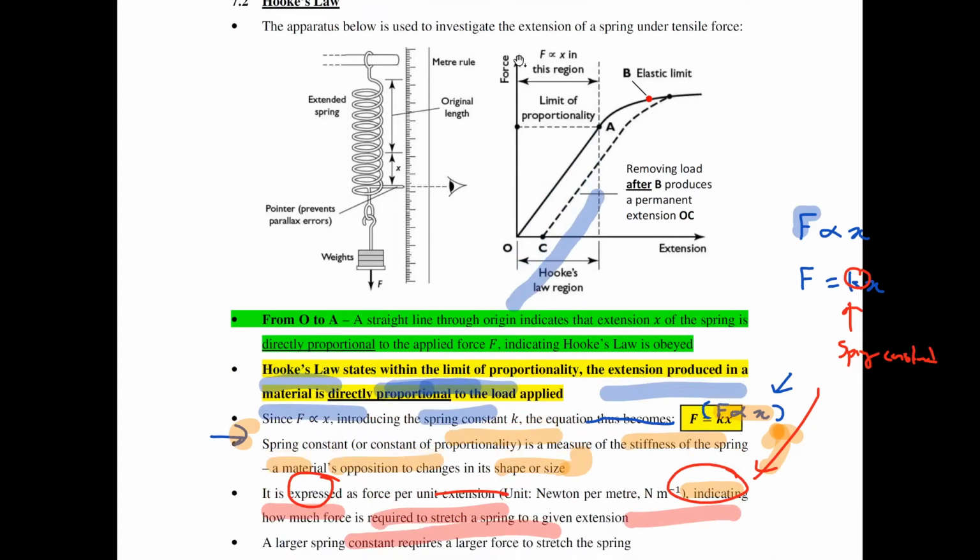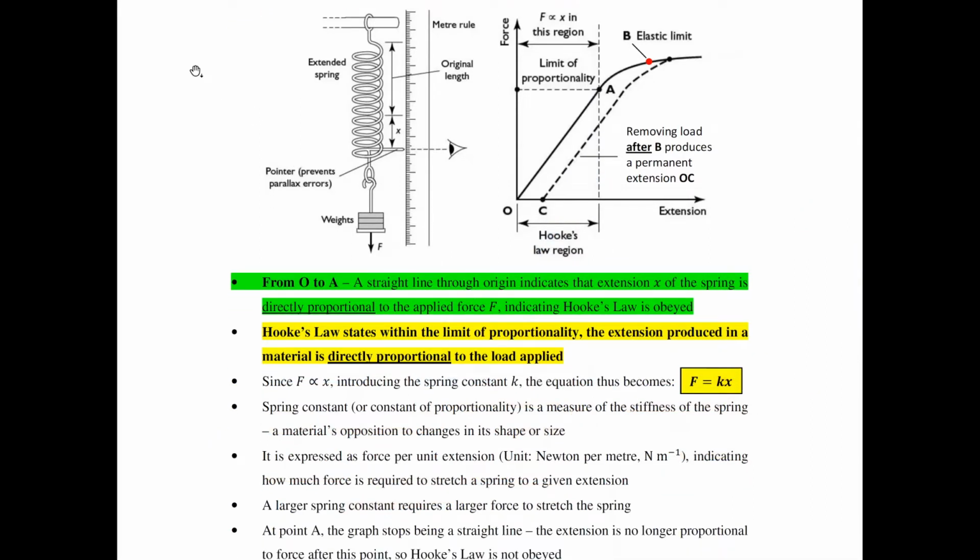Now, the spring constant is expressed as force per unit extension, carrying the units of Newton per meter, because F equals Kx, so K is F over x. Force has the unit of Newton, extension has the unit of meter. So you get Newton per meter.